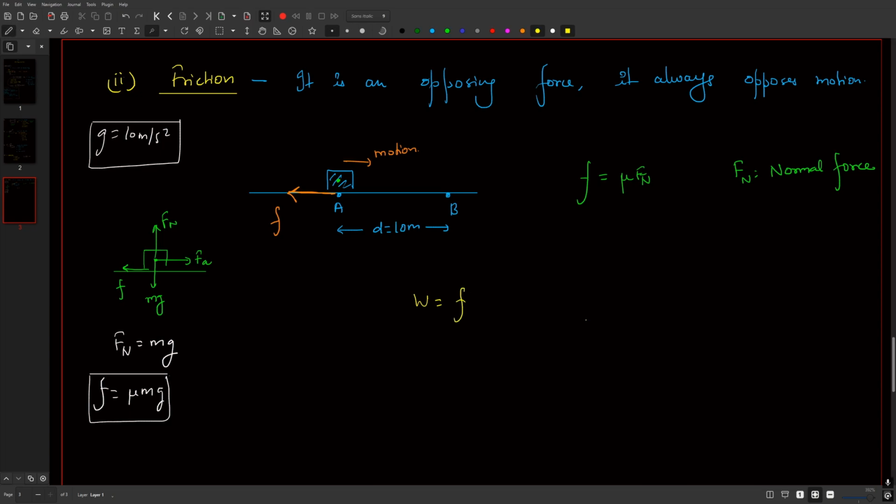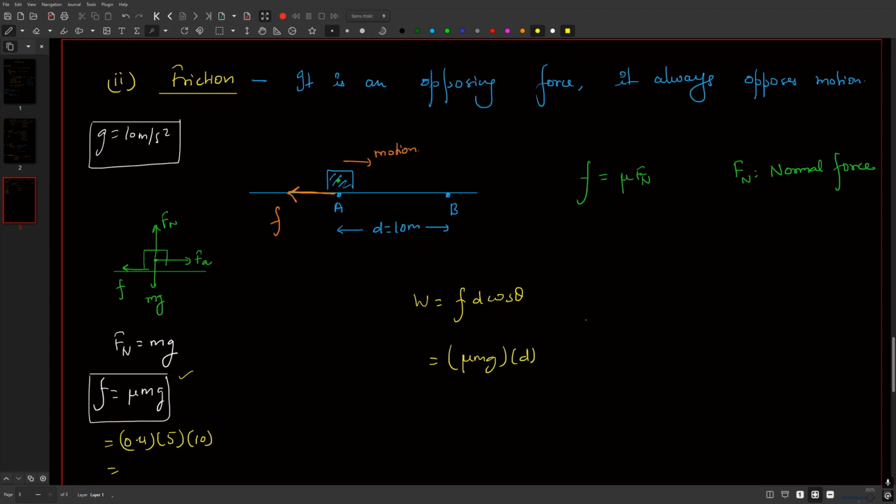So maybe I can write it like this, then Fd cosine theta. The value of the force of friction which we have is mu mg. Obviously, if you want, you can substitute all the values here. Mass is 5 and g is 10, and then calculate the force of friction and substitute the value here. I just like to substitute the values at the end once I have the final expression written down.